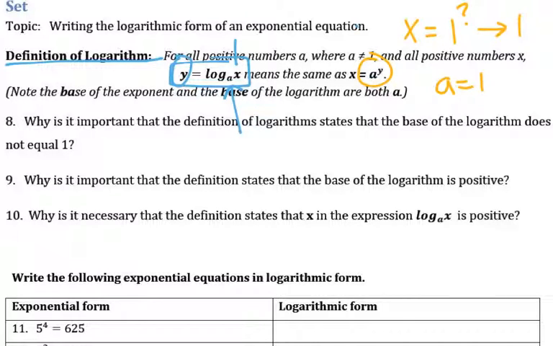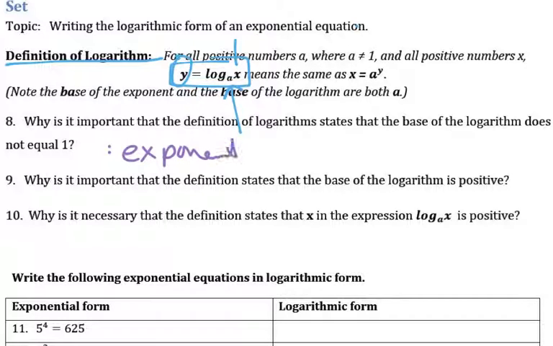So it doesn't really work, because 1 to the 10th, 1 to the 50th, 1 to the 2nd, it all is 1. So that's the reasoning behind 8. An exponent with a base of 1 is not good. It doesn't give you anything.